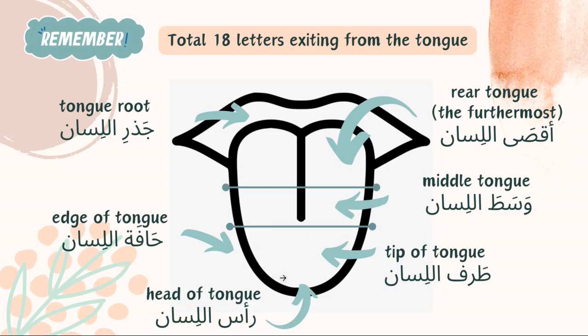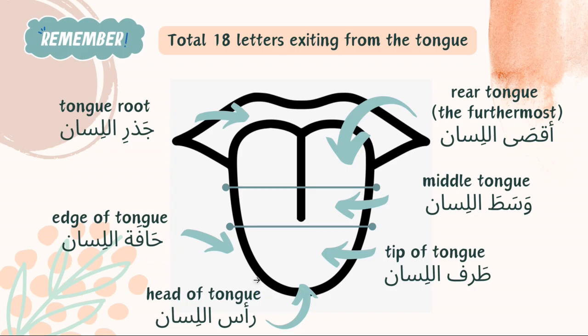It's this tip of the tongue, which everybody would think is called the tip. It's the head of the tongue, and in Arabic it's called ra'sul lisan. So we have the tip of the tongue, which is the front area of the tongue, and then we have the head of the tongue, which is this point.